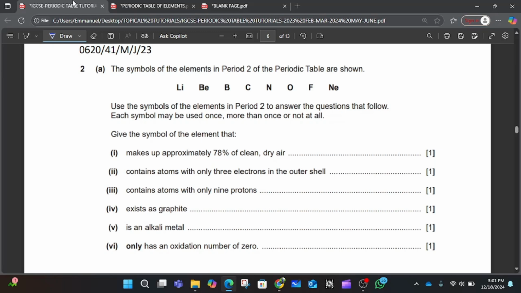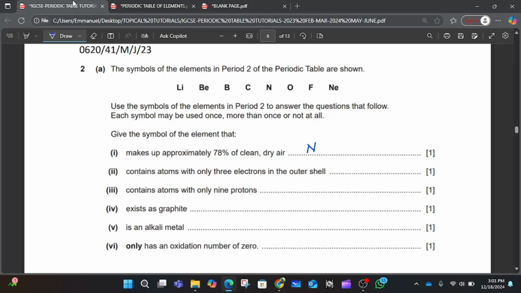Use the symbols of the elements in period 2 to answer the questions that follow. Each symbol may be used once, more than once, or not at all. Give the symbol of the elements that I makes up approximately 78% of clean dry air. So the percentage of nitrogen in clean dry air is 78%.